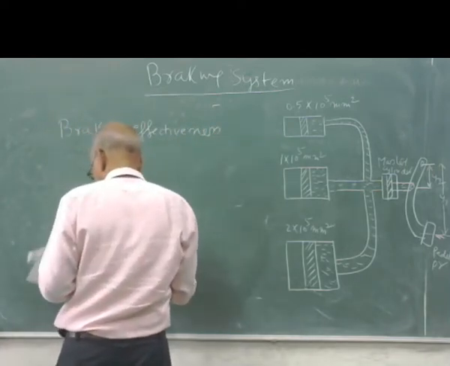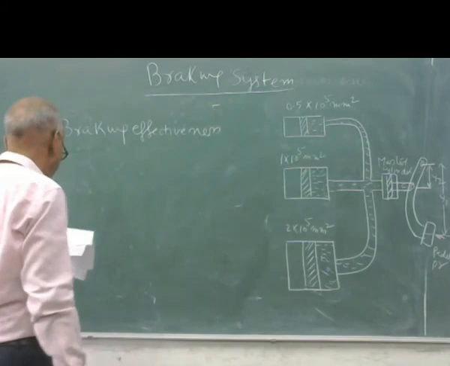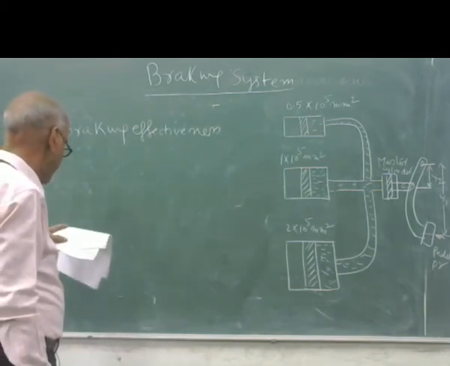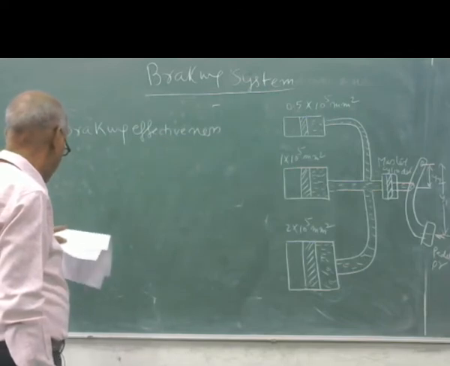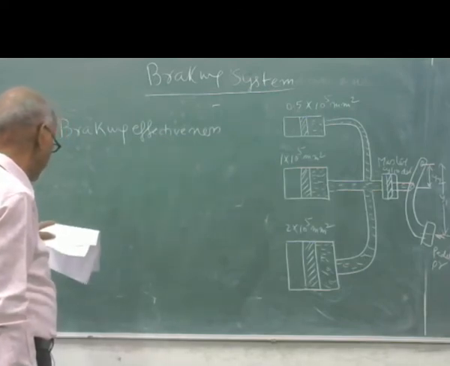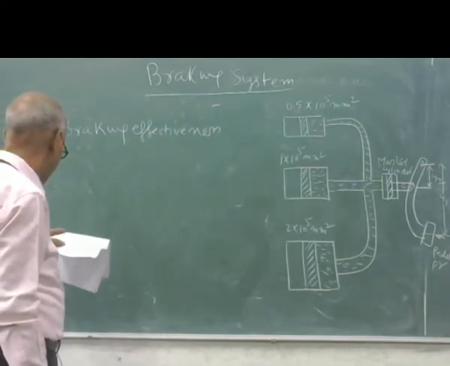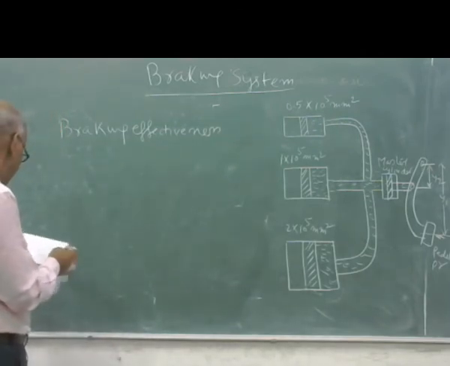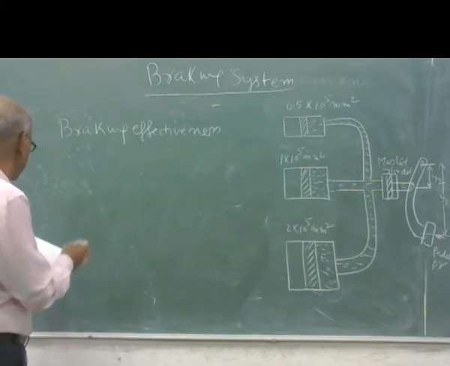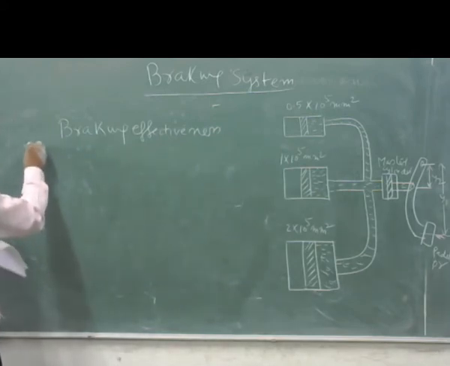What is braking effectiveness? It is the capability of the braking system to change a given pedal force or brake line pressure into a retarding force acting between the tire and the road. Should I write it? Note it down.